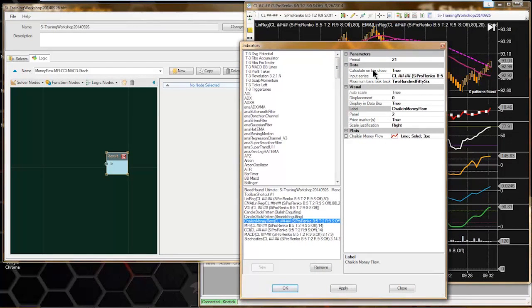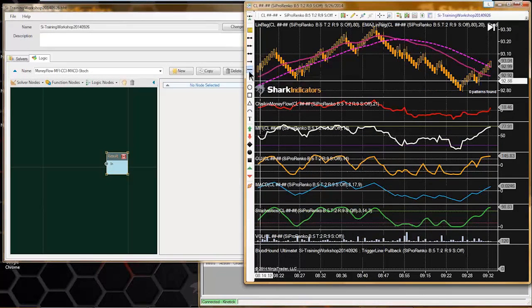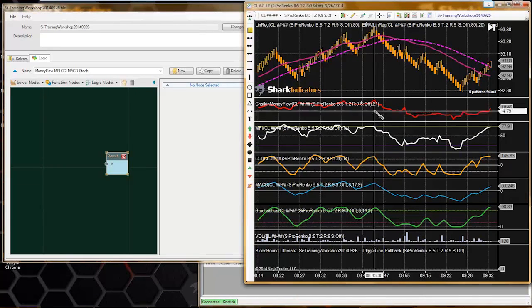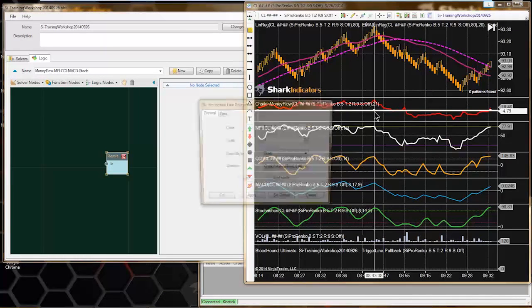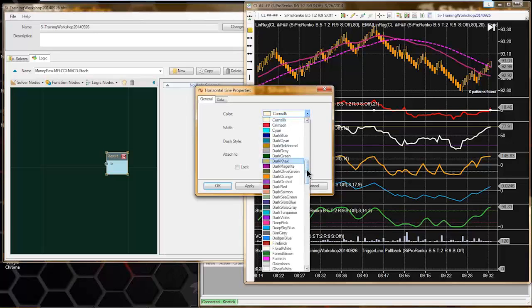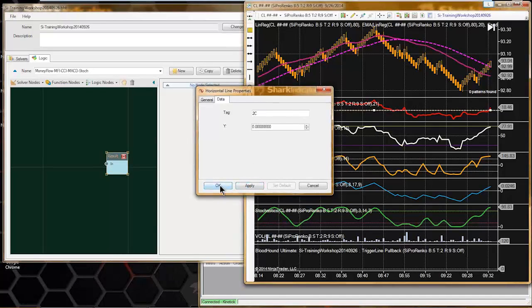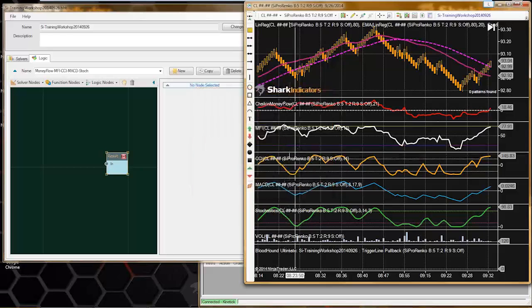Alright, so let me go in here and... Oh, it doesn't actually have a line for the 0 line, so I'll use my drawing tool and just put a line on there so we can easily see that 0 line. Okay, so there's the 0 line for the money flow.